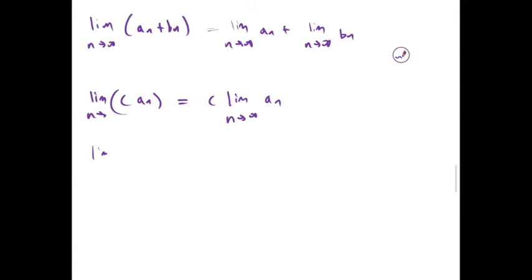If we have the limit of two sequences multiplied together, we can just take the individual limits and multiply them together.